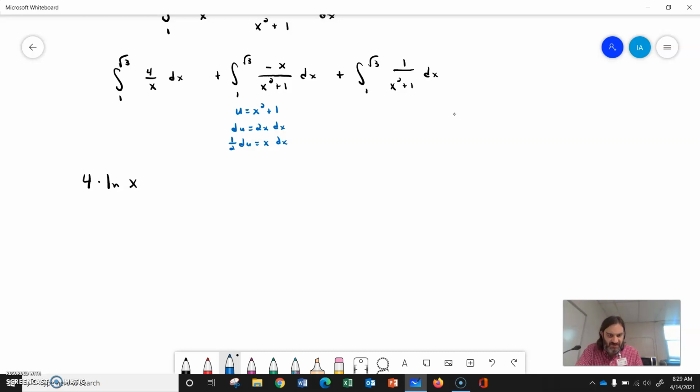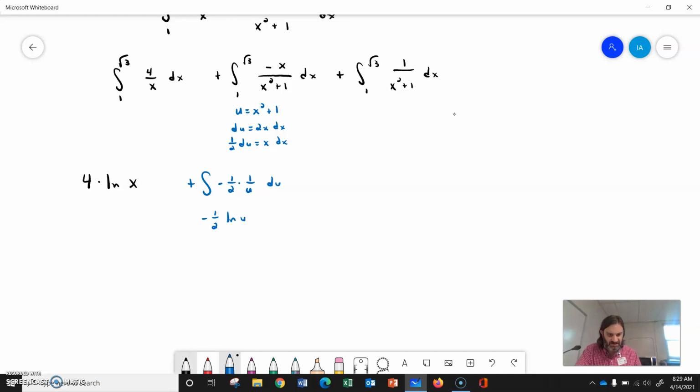So I thought I would be able to finish this out in one swipe, but we'll have plus. Okay, we're going to replace the x dx with 1/2 du, so that'll be negative 1/2 du, and then there'll be a 1 over u from that u substitution. So that gives me negative 1/2 natural log of u.